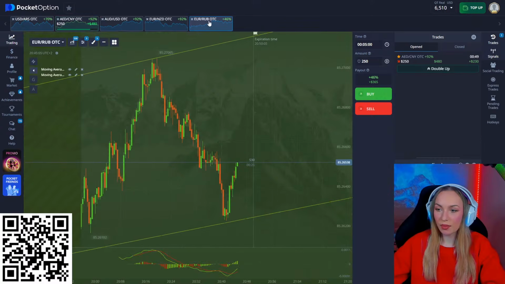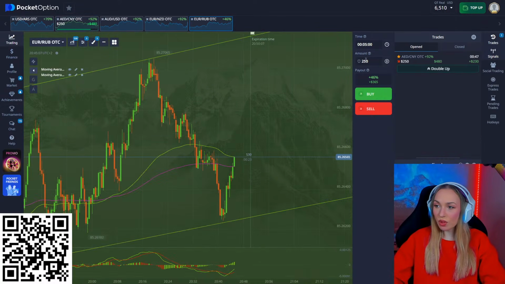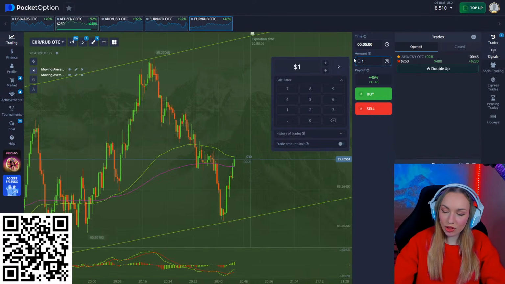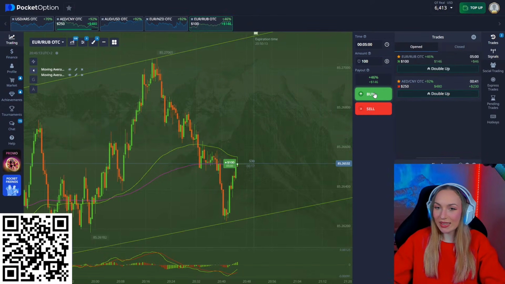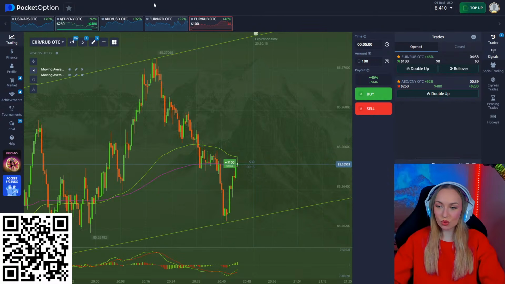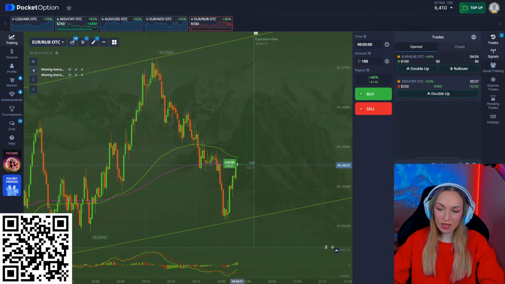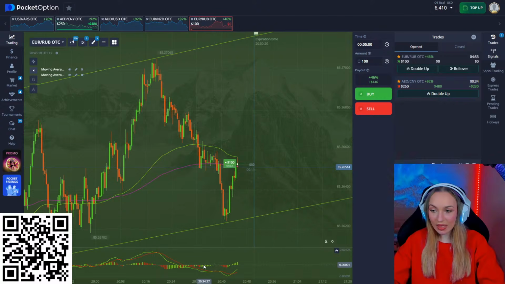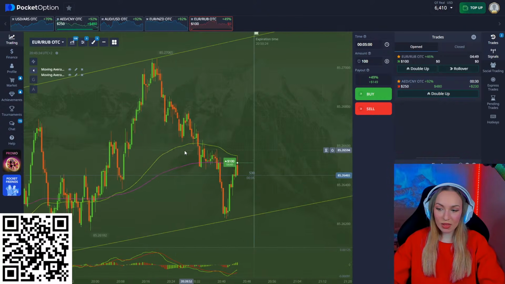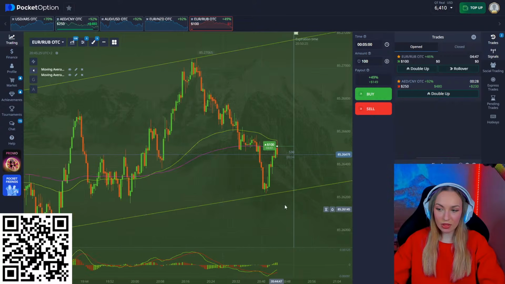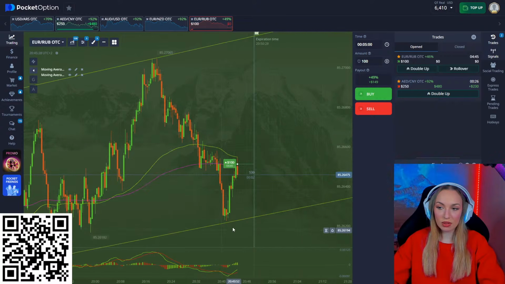Maybe let's check some other. Oh, you are Rubble. What are you doing? 5 minutes Euro Rubble. I opened the trade in the upward direction. What a beautiful signal. Let's hope that it was actually a good signal. But it just touched the support and it starts going up.